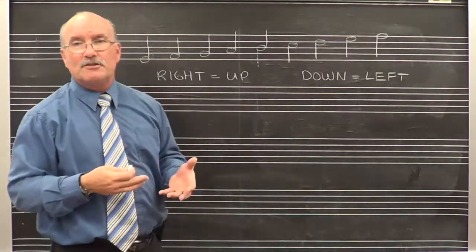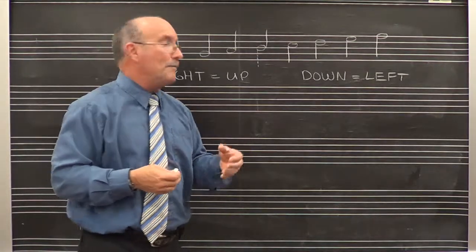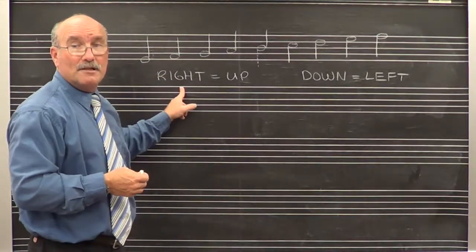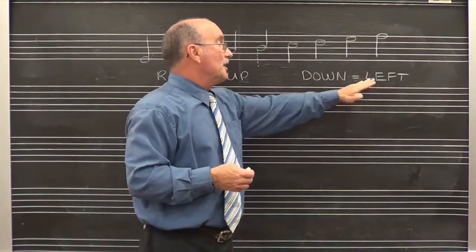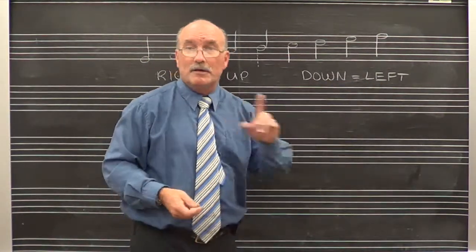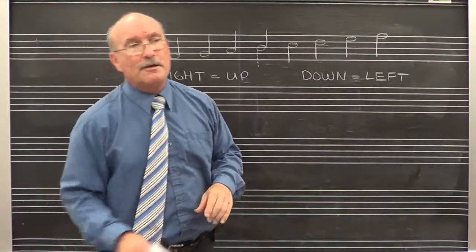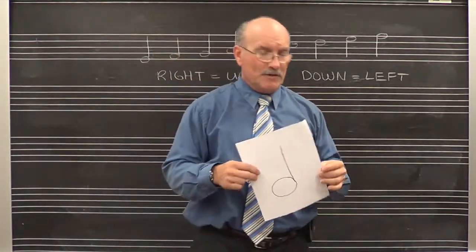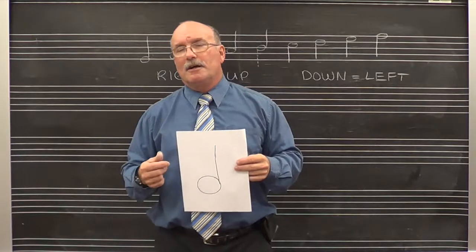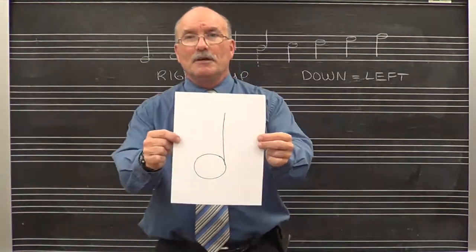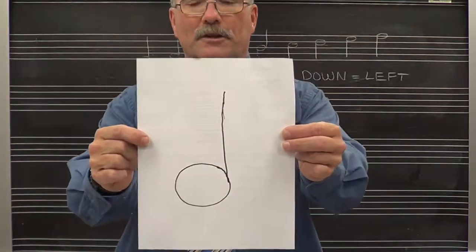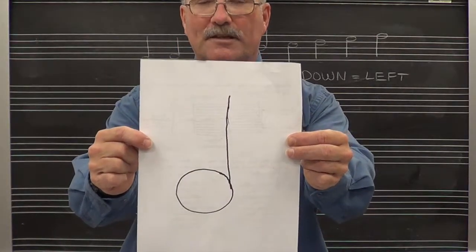If you are given instructions to write the note up, or the stem up, then it's to be on the right. If you're told, draw the note on the left, then they're telling you, draw the note down. And there's a reason for this. Remember that music is based on philosophy, on astronomy, on math, on science, so there's the note. There's the note with the stem on the right side.